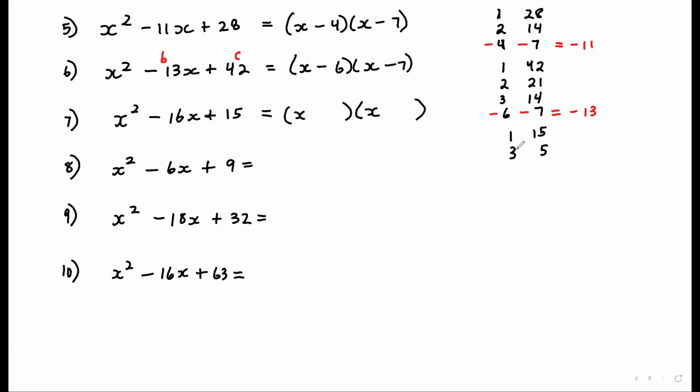Which of these pairs can I get 16 from? 1 and 15. Right, so what should go in my bracket? Negative 1, negative 15. Correct, because minus 1 minus 15 is minus 16, right?